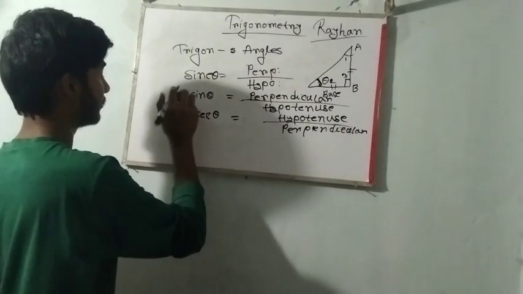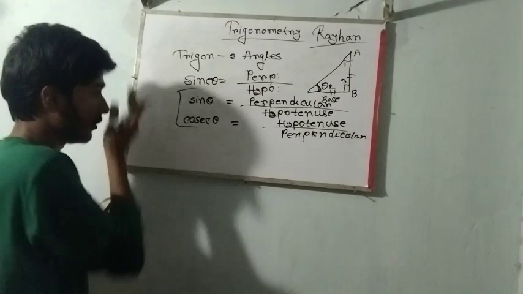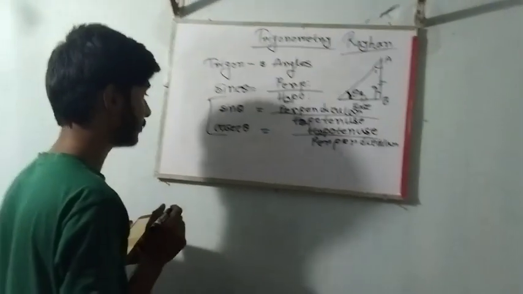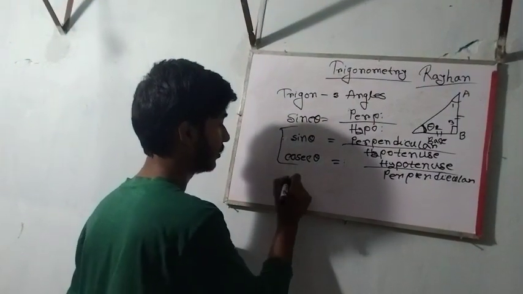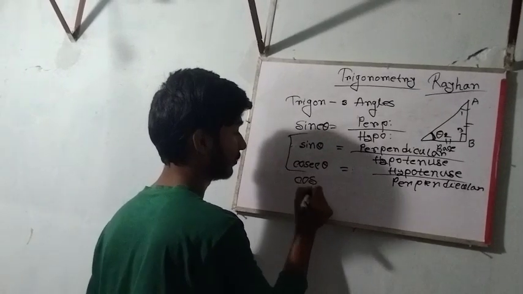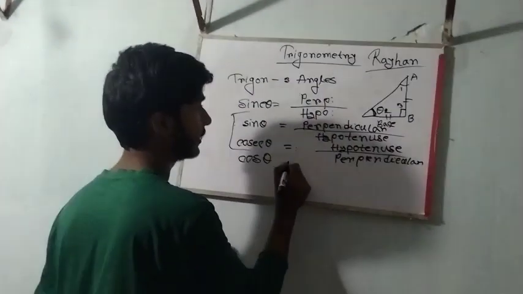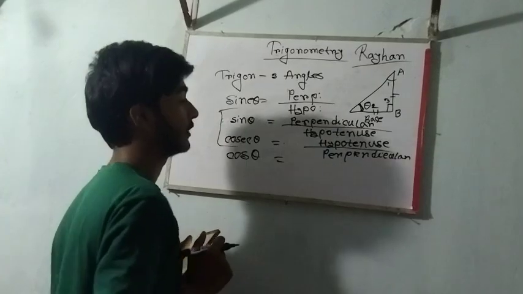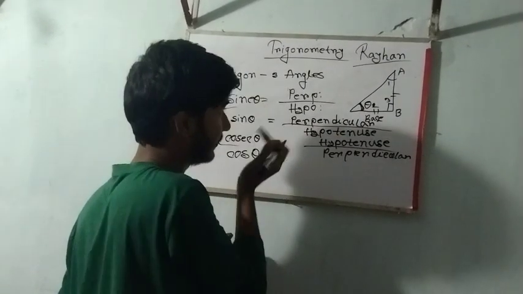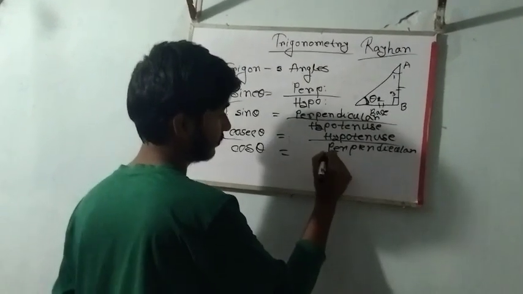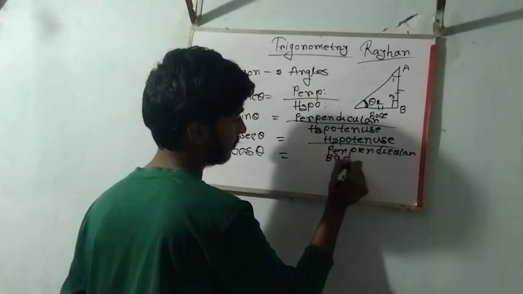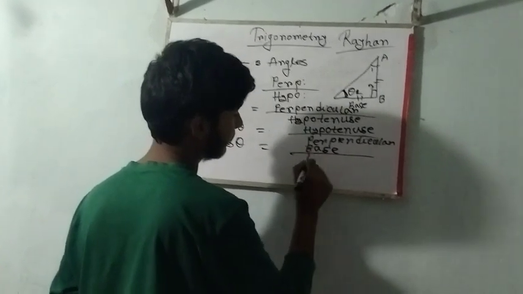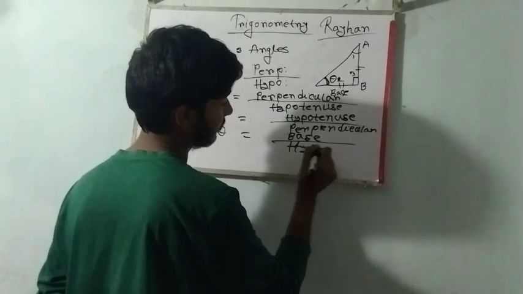These are the two ratios. Now we'll talk about cos theta. Cos theta means the ratio between the base and hypotenuse. Base divided by hypotenuse.